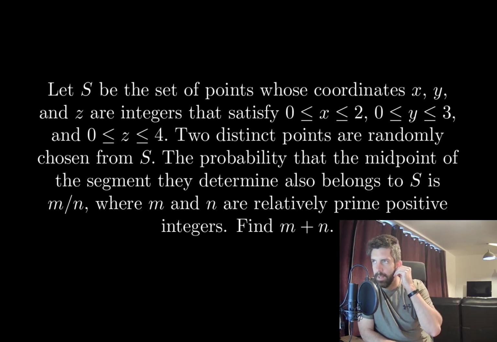What I might try and do is work this out for the two-dimensional problem where we ignore the z coordinate and see if I can find a way of simplifying things in 2 dimensions that should also work in 3.